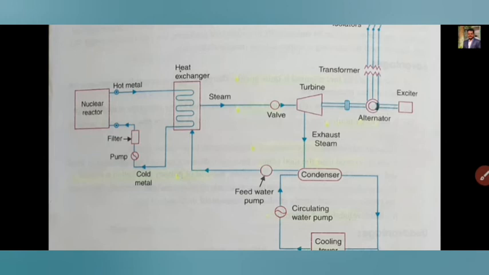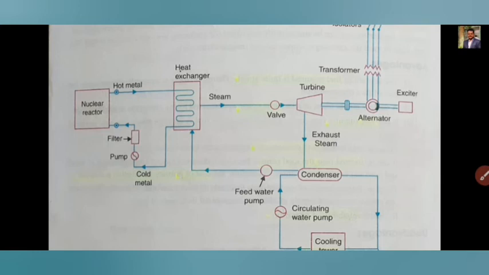You can imagine that a single 1 kg of uranium produces the same amount of heat as the thermal power plant produces using 4,500 tons of coal. So instead of a huge amount of coal, we are using only 1 kg of uranium. The fuel consumption is much less.